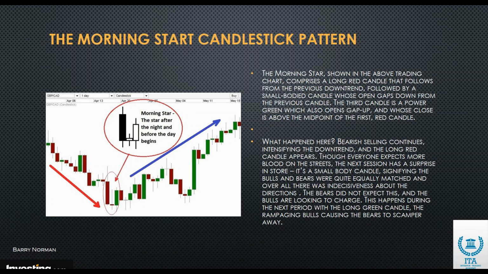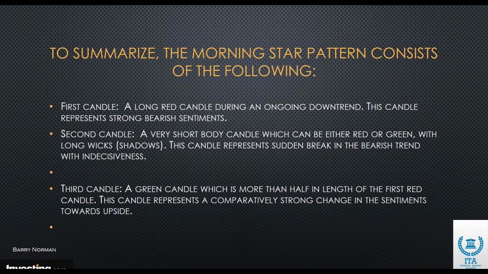But it means when you're in a downtrend, you have a solid downtrending candle, very bearish candle. Then you get a doji, and then it gives you the new candle in the opposite color. Okay. And what it's supposed to reflect is the dawning of a new trend after you have a star in between. Okay. So the first candle is a long red candle on an ongoing downtrend.